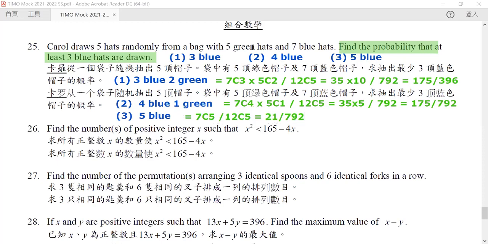So by combining all these numbers together, we can get the result. The total would be equal to 350 plus 175 plus 21. So it will be equal to 546 divided by 792. So we can divide both sides by 6.